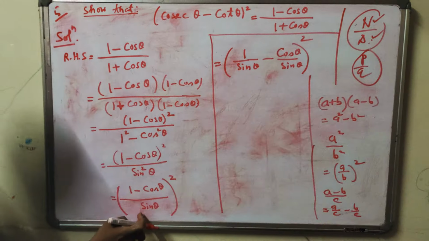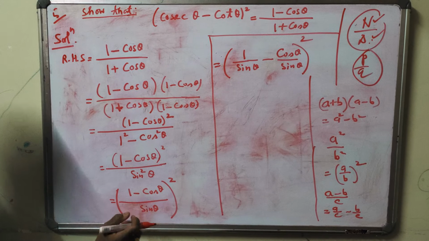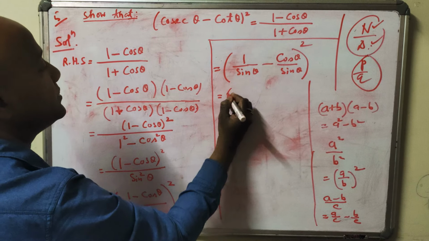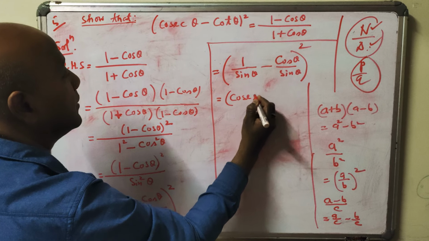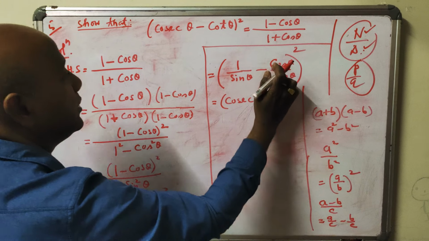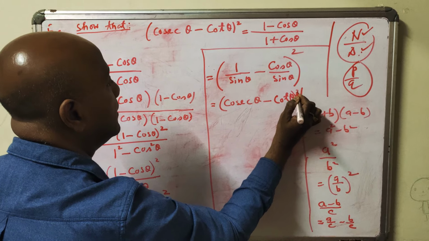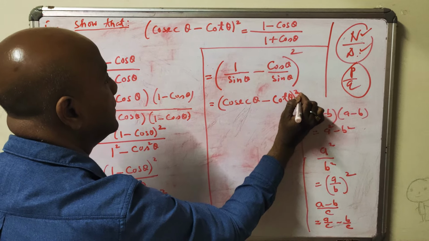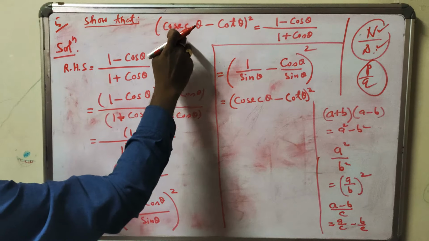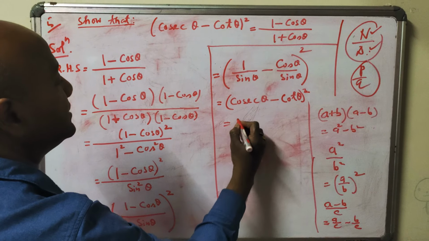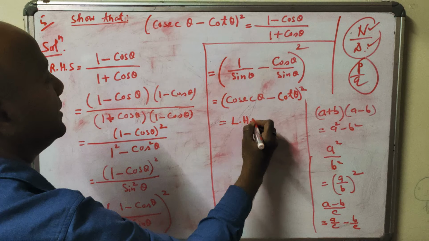I have just split this part into two parts. So 1 by sine means cosec theta, and cos by sine is cot theta, whole square. So we have found the left hand side. Left hand side is equal to right hand side.